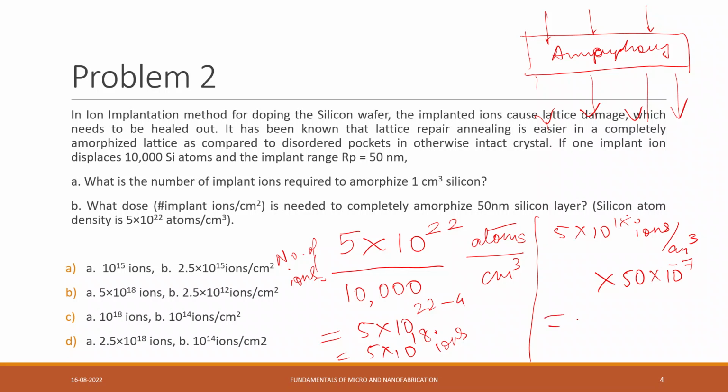With this we find that it comes to 2.5 into 10 to the power 12 ions per centimeter square. We just go down the line, considering only the volume along this channel.